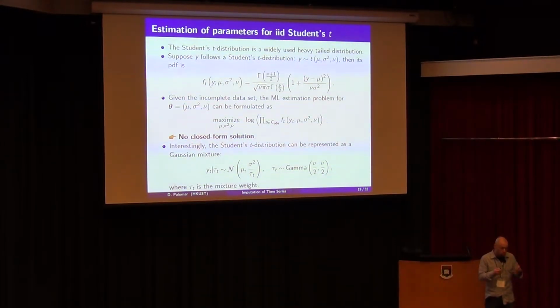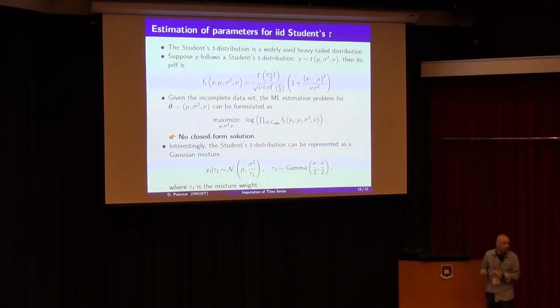The important thing is that you use a heavy tail one. In particular, we use the Student t, which is a family of heavy tail distributions. They have one more parameter to control how heavy the tail is. So you can see not only the mu and the sigma, but also the nu. The nu tells you how heavy it is, and in fact, if nu goes to infinity, it becomes Gaussian.